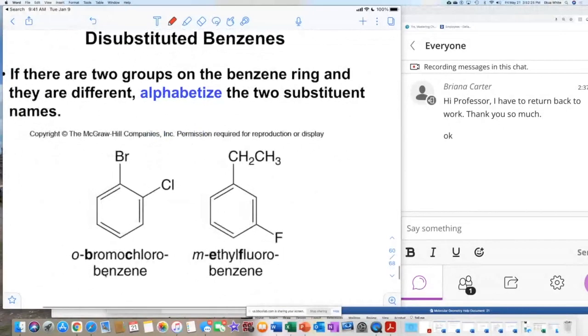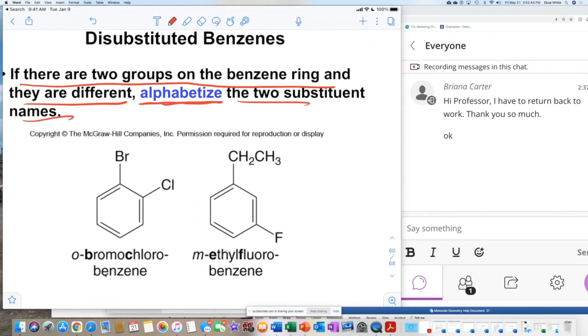Okay. So when it comes to naming groups where the groups are not alike, just like before, alphabetize them. If you have to put the numbers from small to big, right? If there are two groups in the benzene ring that have different names, alphabetize the two substituent names.